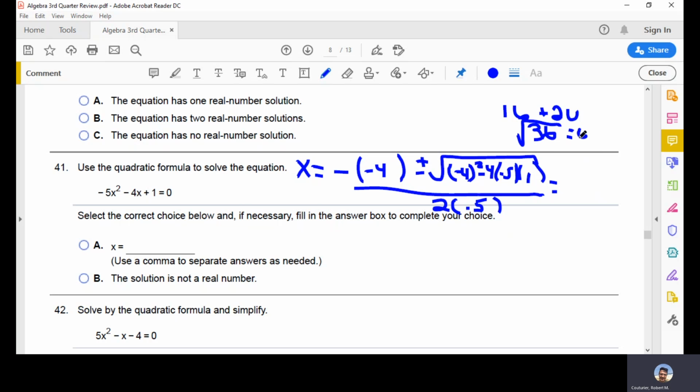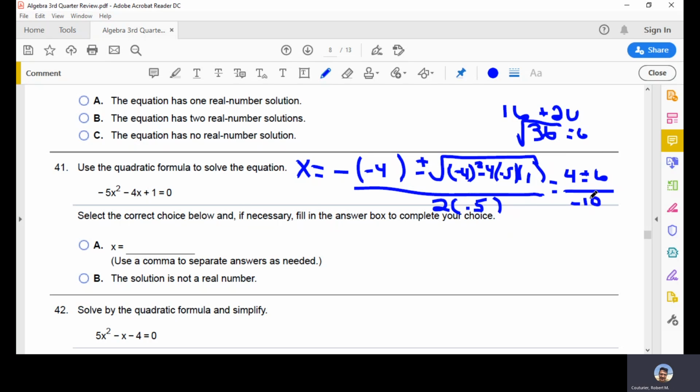So now we can substitute this in for this entire piece. So now we're going to simplify one more time. The opposite of -4 is 4 plus or minus 6, because this entire piece here came out to 6, divided by 2 times -5, which is -10.